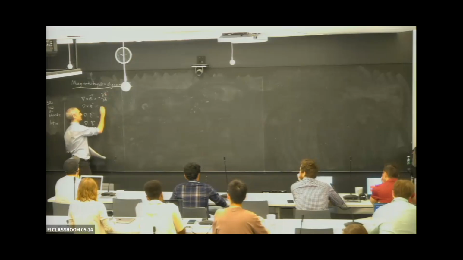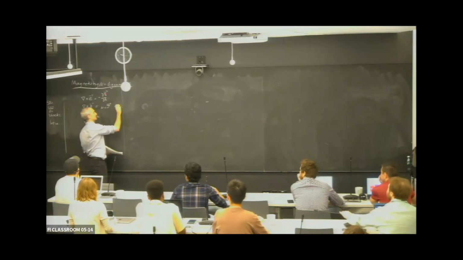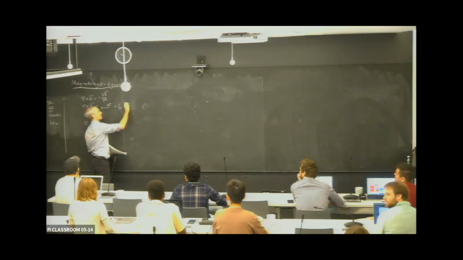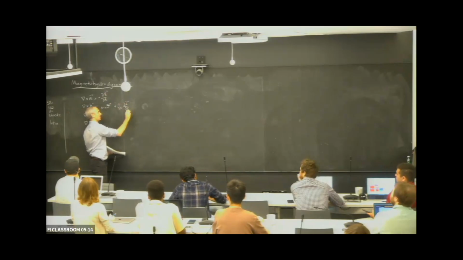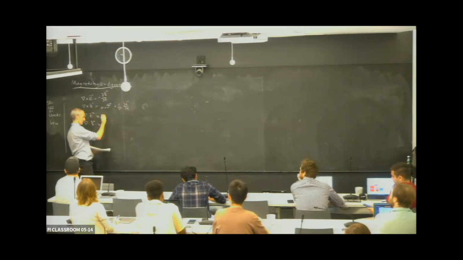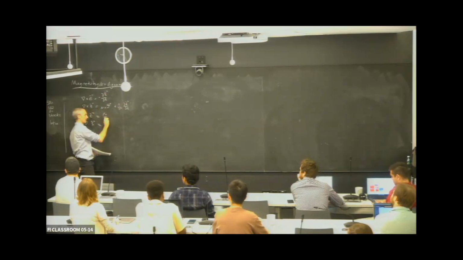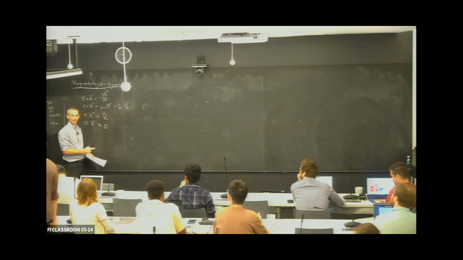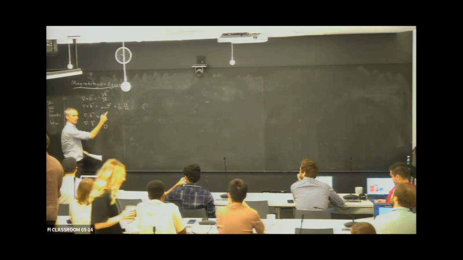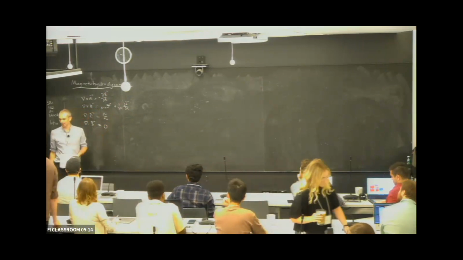You remember these? What are they? They are Maxwell's equations, the equations of the electromagnetic field. They're a little bit weird because they're not exactly symmetric. You have electric charges, but you don't have magnetic charges.